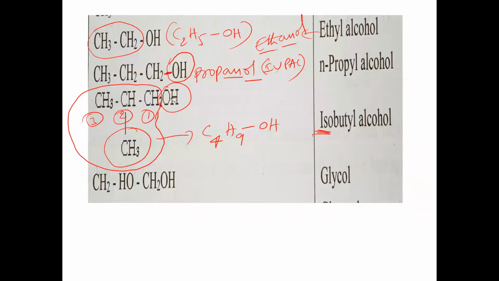So isobutyl with the OH group, alcohol: isobutyl alcohol. And what is the IUPAC name? 2-methylpropan-1-ol. Why 1-ol? On which carbon is the OH group present? On the first carbon.